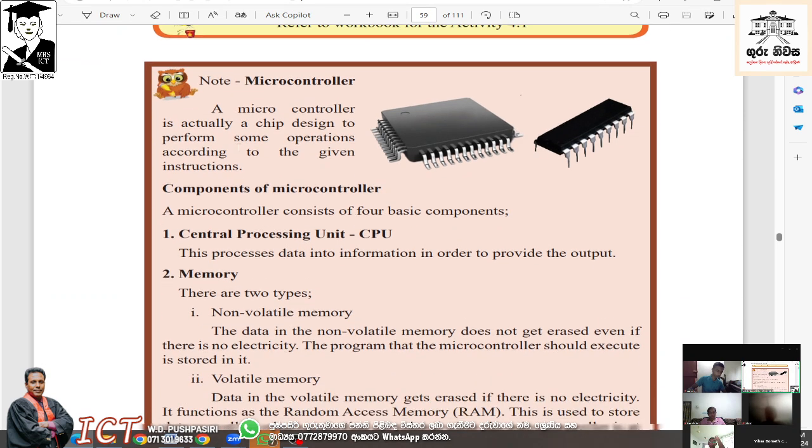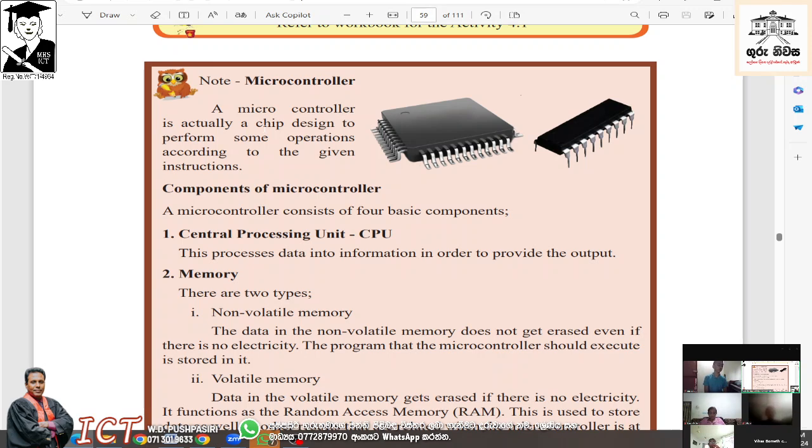Now here we have the microcontroller. What is a microcontroller? A microcontroller is actually a chip. Chip means what? A chip designed to perform some operations according to the given instructions.